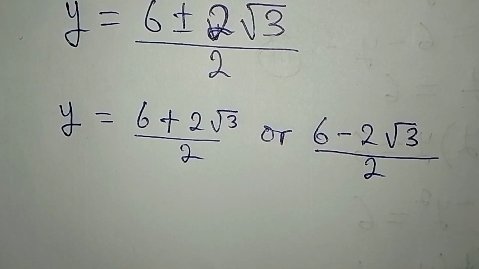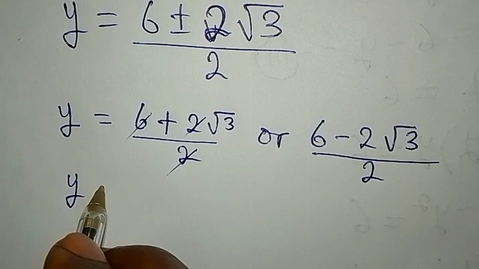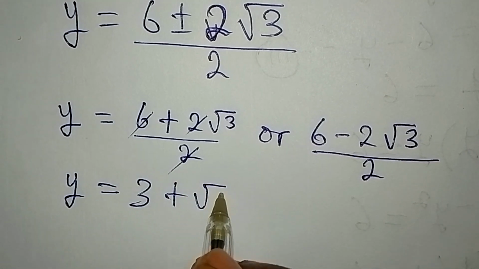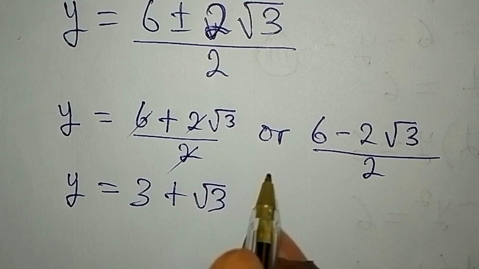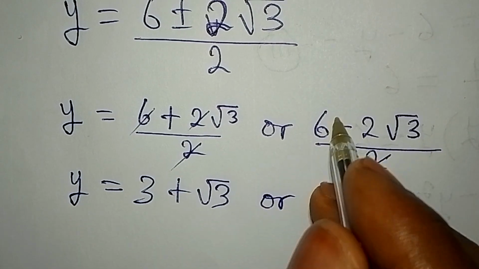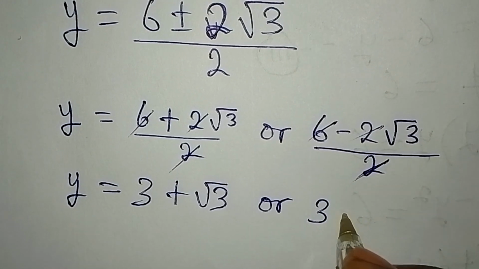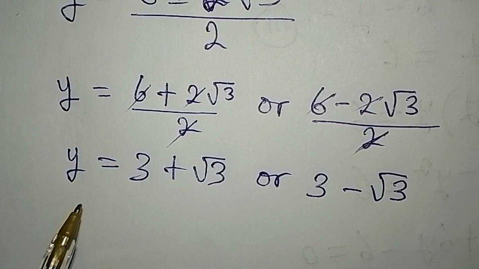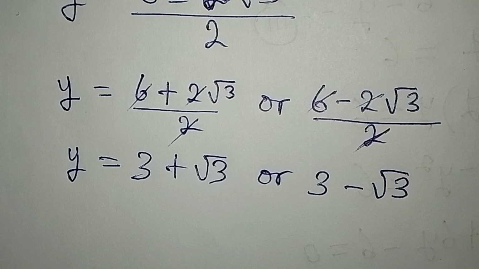Now, the 2 will go here and it will go there, so that y is equal to 3 plus root 3. This will go here, we have 3, this will go there, and we have just root 3. Or on this side, the same 2 will go here, we have 3, and we have minus root 3. So we're saying that y is equal to 3 plus root 3, or 3 minus root 3.